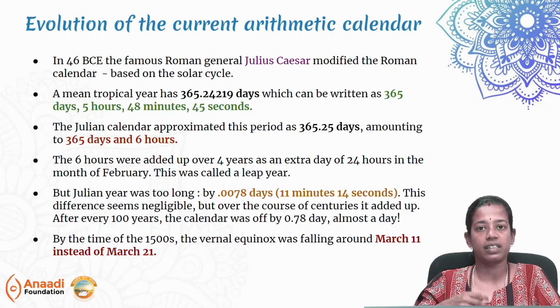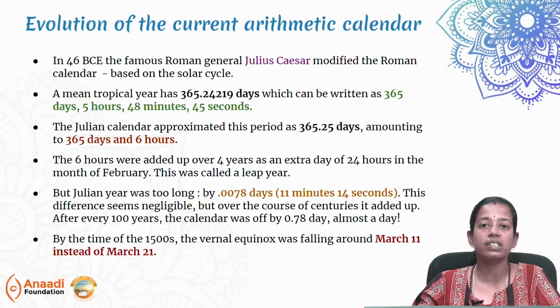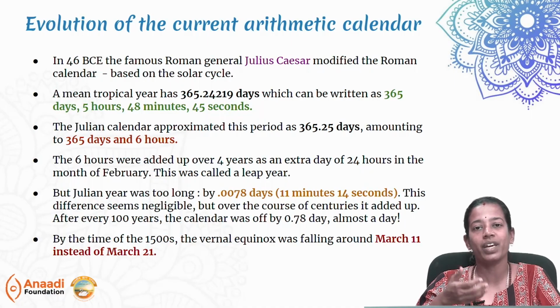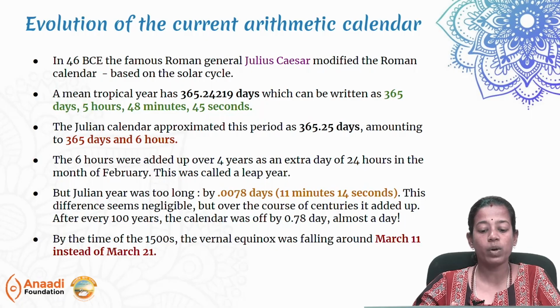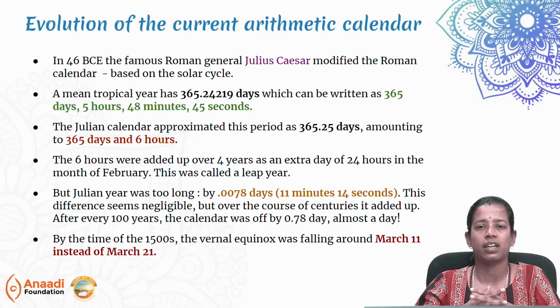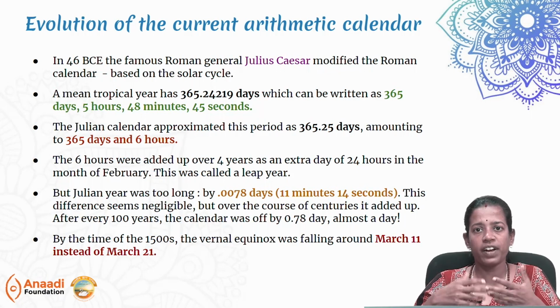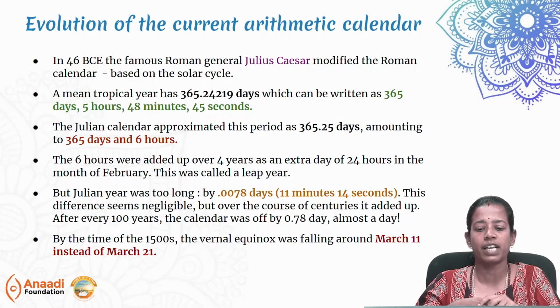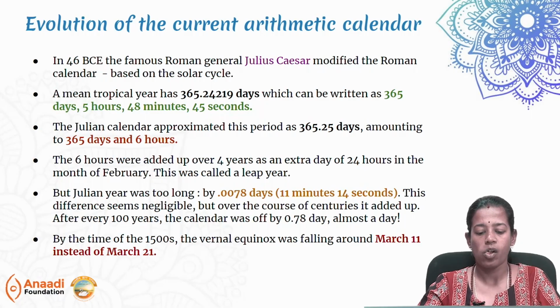Now, let's try to understand how this arithmetic calendar came into being, or rather how we inherited it. There was once a Roman calendar which was later revised around 46 BCE by the Roman general Julius Caesar. He made a few revisions based on the solar cycle.